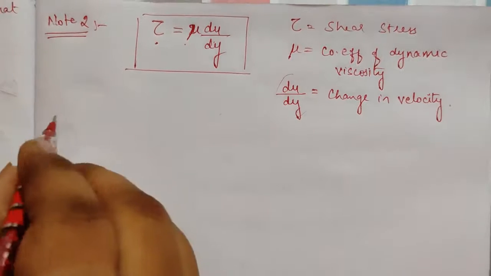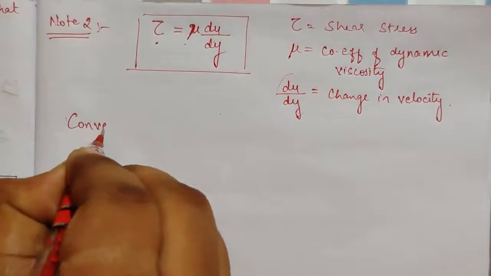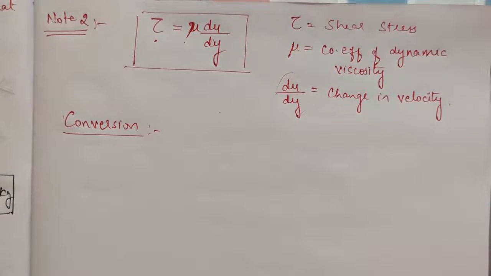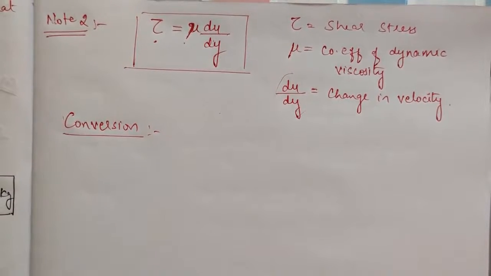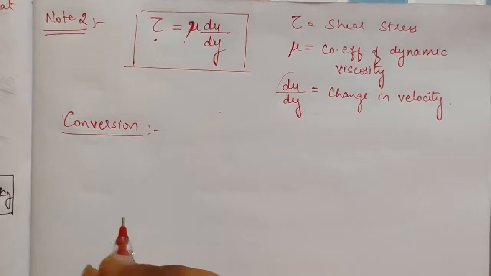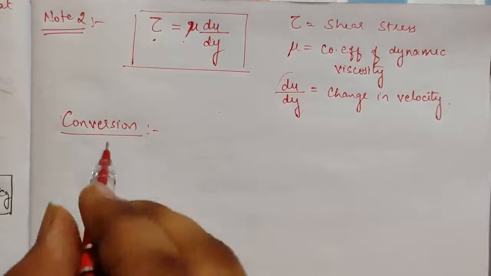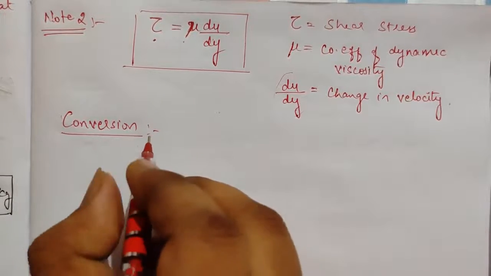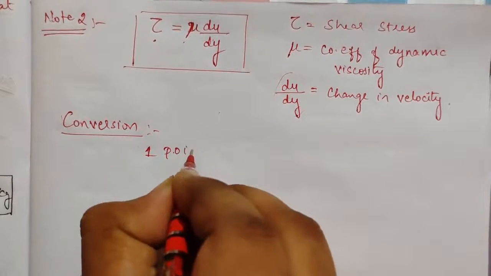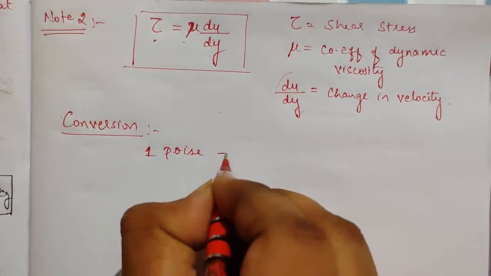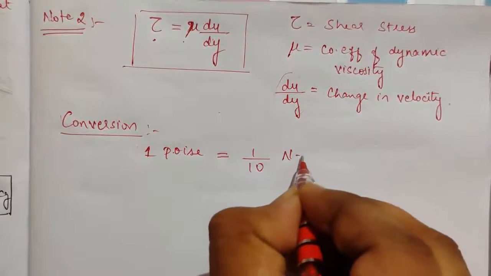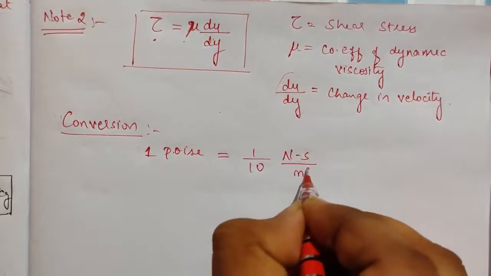Then now some of the conversions. Because while doing problems you should not be confused, I am noting this down before only. So what is the conversion? In the problem you may get 1 poise. So 1 poise is nothing but 1 by 10 Newton second per meter square.